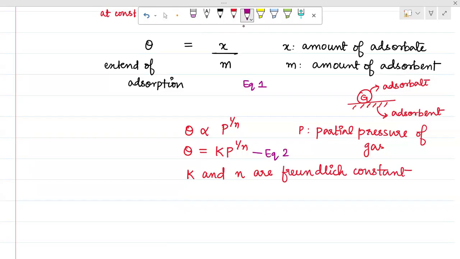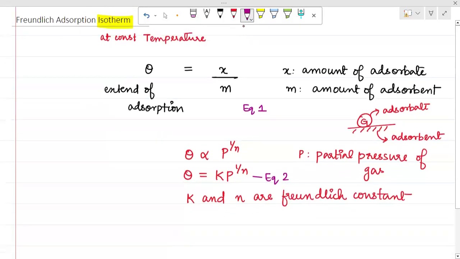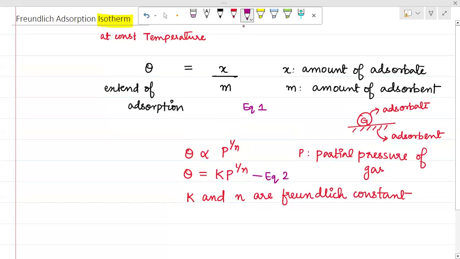So these are the two equations that govern Freundlich adsorption isotherm. The extent of adsorption is equal to the amount of the adsorbate divided by the amount of the adsorbent, or the extent of adsorption is equal to some constant into P to the power 1 by n. Now please pay attention. In certain books, you can see the equation written as theta is equal to Kp to the power n, instead of 1 by n. So both the forms are right.